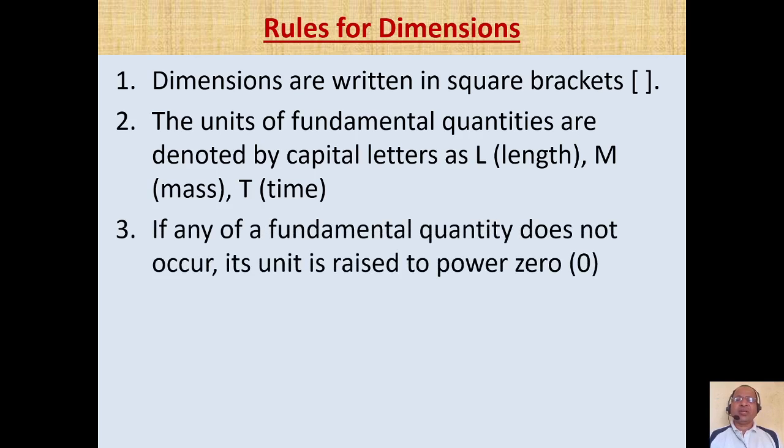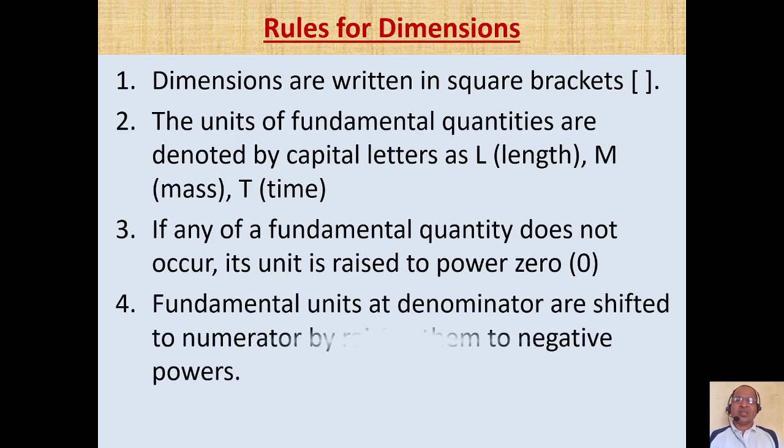If any fundamental quantity does not occur in a physical quantity, then its unit is raised to power 0. Sometimes the units are in the denominator. Units in the denominator are shifted to the numerator, but while shifting, the power is assigned a negative sign. So these are the 4 rules for deriving dimensions of physical quantities.